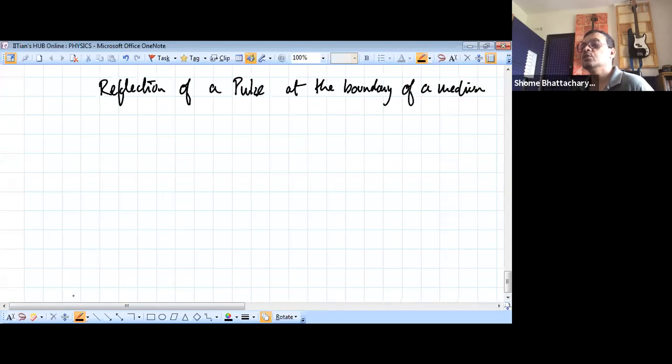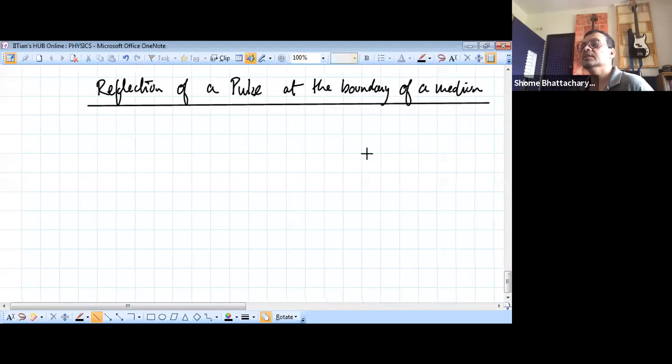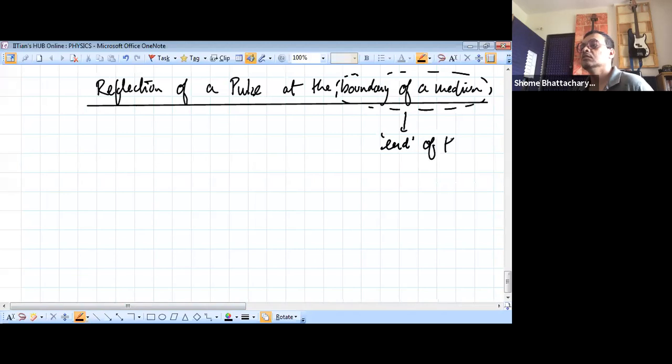Okay. So since we are talking about one-dimensional transverse waves, the boundary of the medium we are talking about is at some end of the thread or rope through which the pulse is traveling.